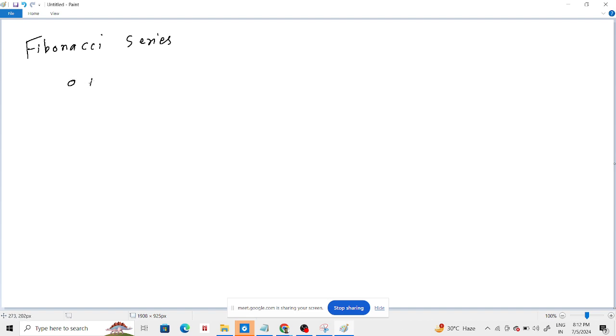It starts with 0 and 1 first. So 0 and 1, 1 plus 0 is 1, 1 plus 1 is 2, 2 plus 1 is 3, 3 plus 2 is 5, 5 plus 3 is 8, 8 plus 5 is 13, dot dot dot. If you have taken computer in class 9, then writing a program to display a Fibonacci series would be one of the most basic programs that you have done. So remember this series.